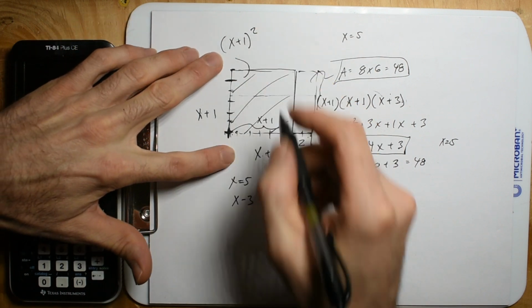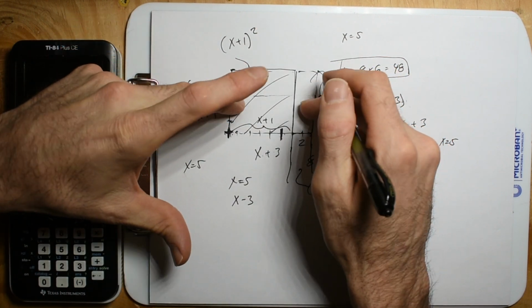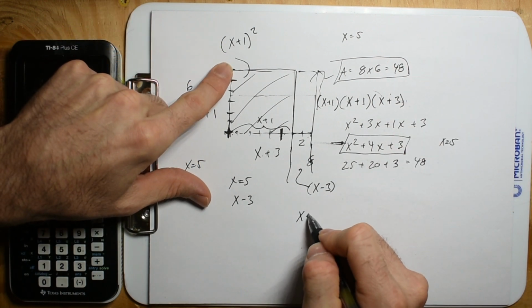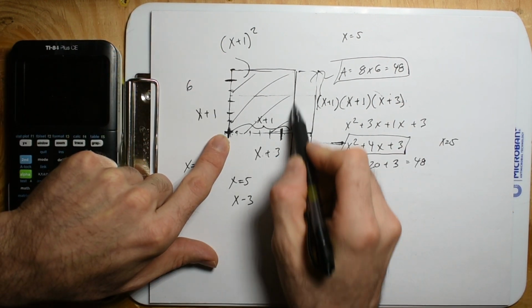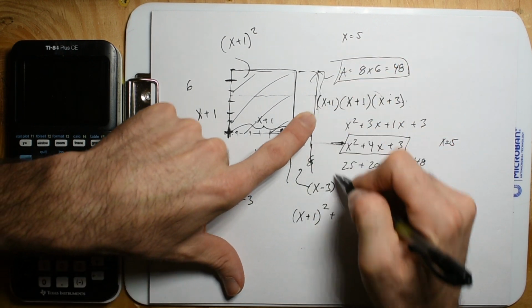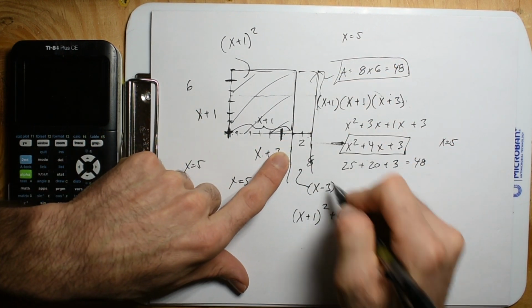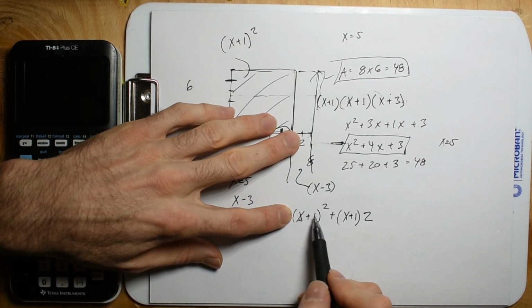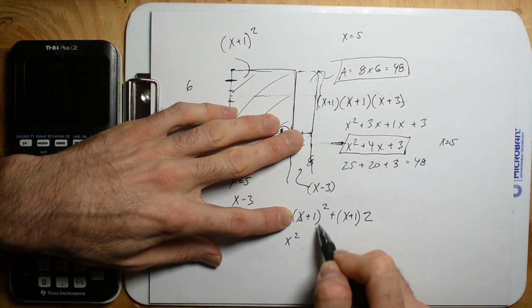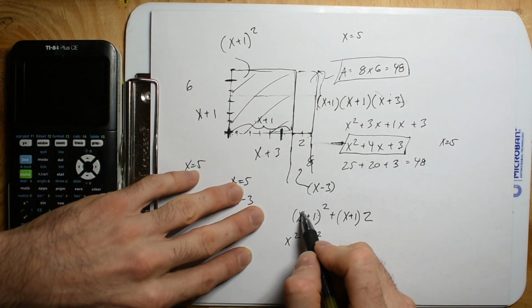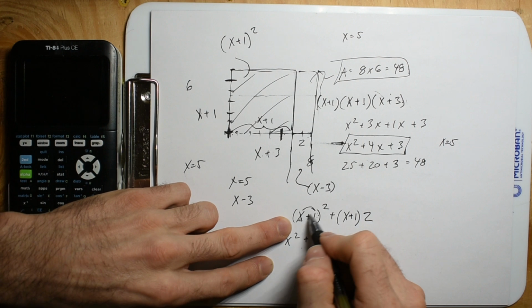So the area of both of these still is going to be 48. And it's going to be this box squared, x plus 1 squared, plus this box, which has a height of x plus 1, times 2. So let's do this. How I FOIL this, I just say this is x squared and this is plus 1 squared. And then I multiply these and say we're going to double it.